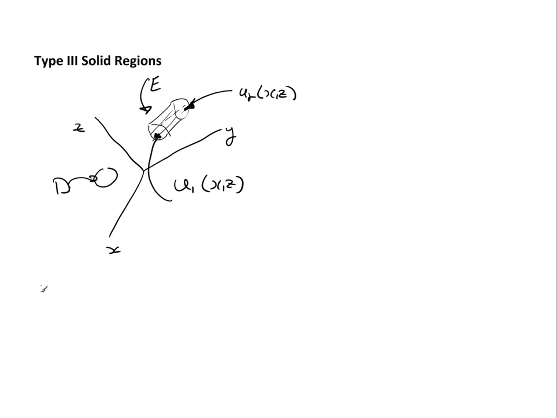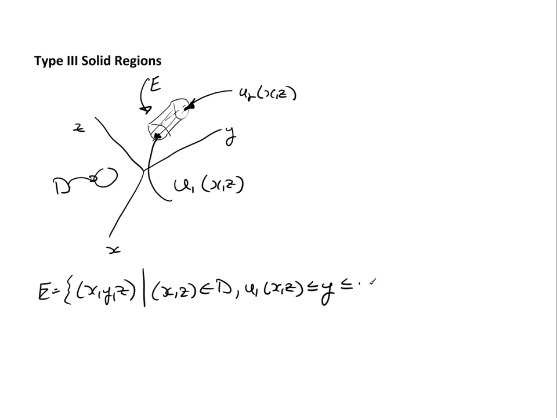So I can describe this solid region as a set of points x, y, z such that xz is in D, and u1 of xz is less than or equal to y, which is less than or equal to u2 of xz.